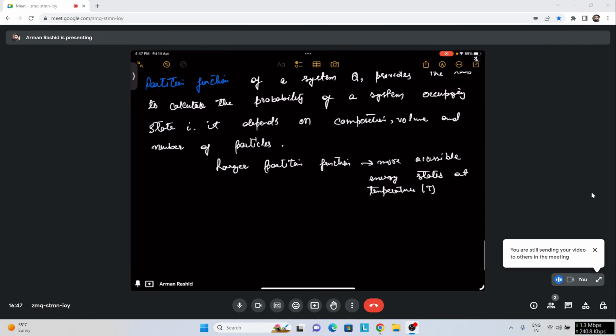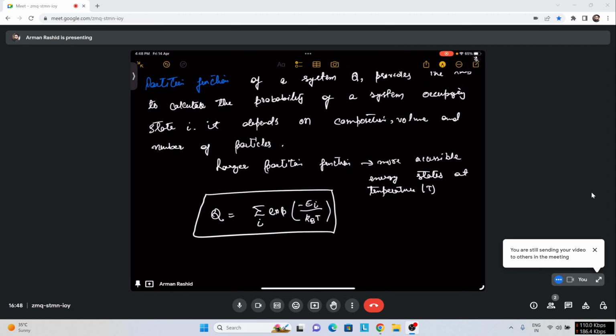Now what is the general form of the partition function? We write Q equals the summation over all the states i of exponential minus E_i by k_B T. This is the general form of the partition function.